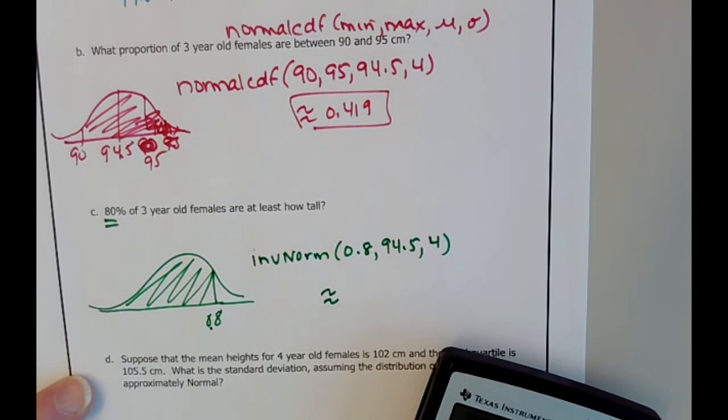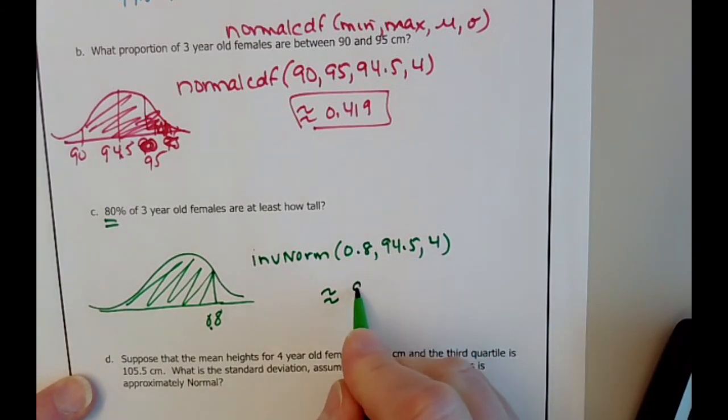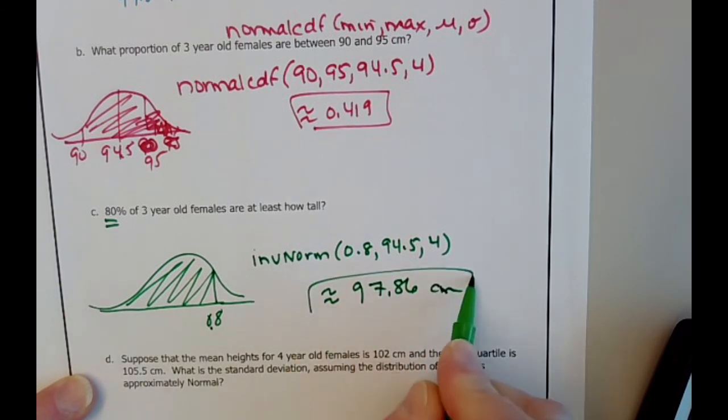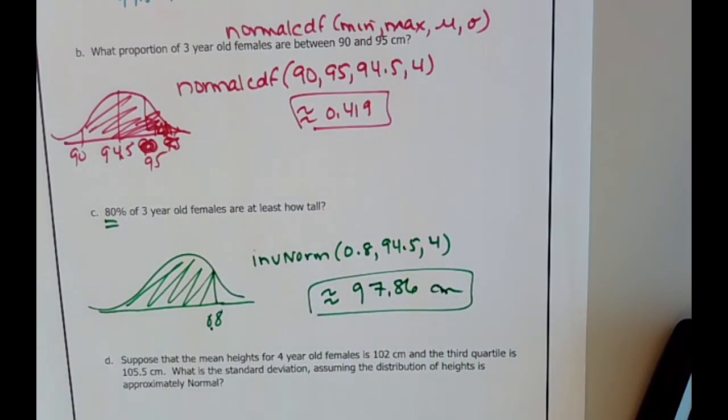Let me just get this again, 0.8, 94.5, and 4, and 97.866 approximately, and it's centimeters. You can see how quickly we can do these using a calculator. All right, so that's all I've got for now, and we have finished chapter 2.